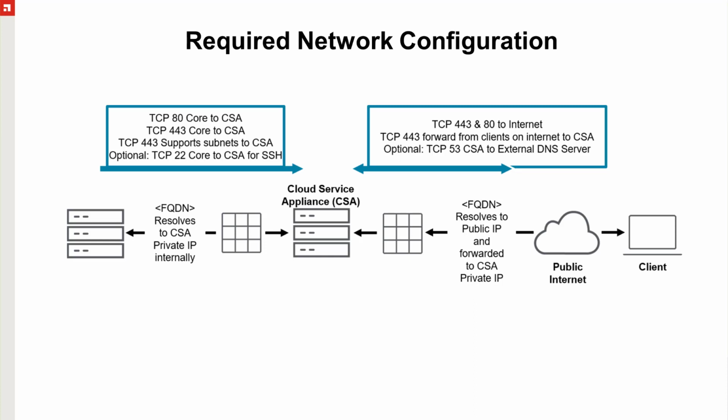These other things are optional. If I think I might want to troubleshoot the cloud service appliance, then it would be useful to be able to PuTTY into it so that I can access a terminal to troubleshoot Linux and things like that. And if that's the case, then we want to open port 22 from the core server to the CSA. We'd use a product like PuTTY or WinSCP to connect to Linux.